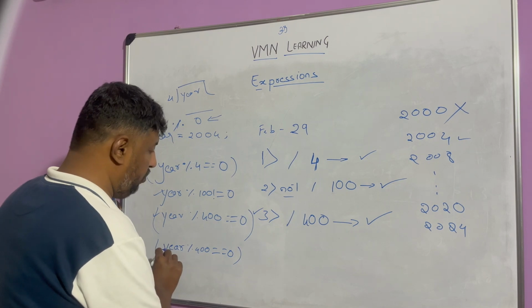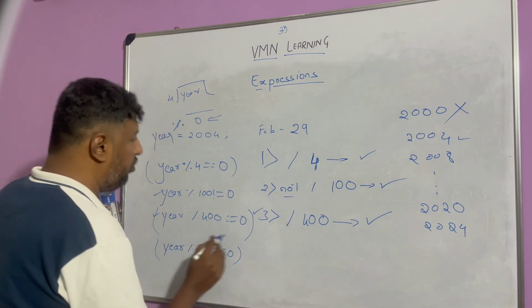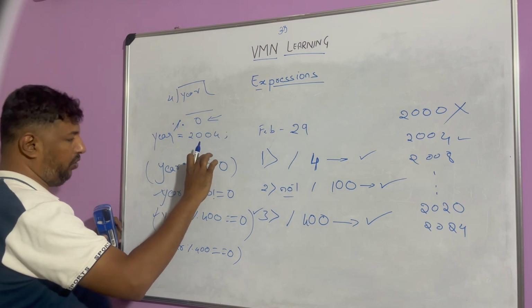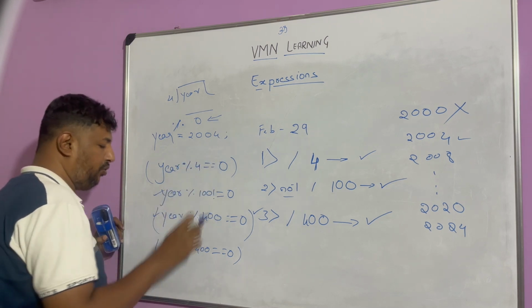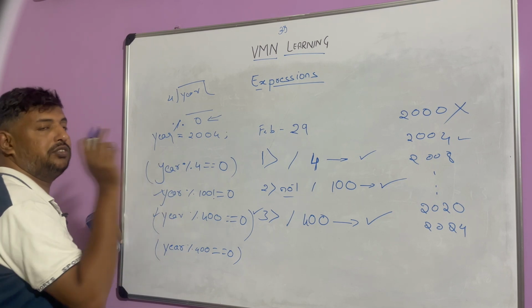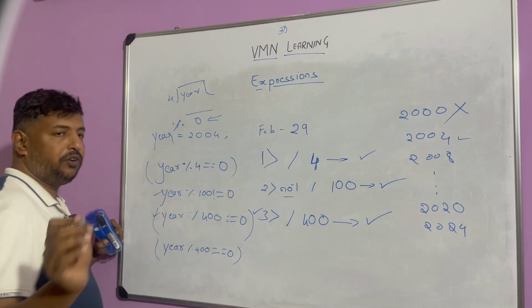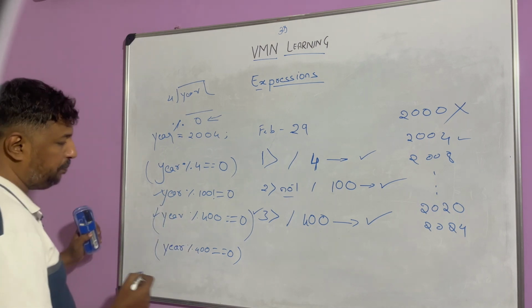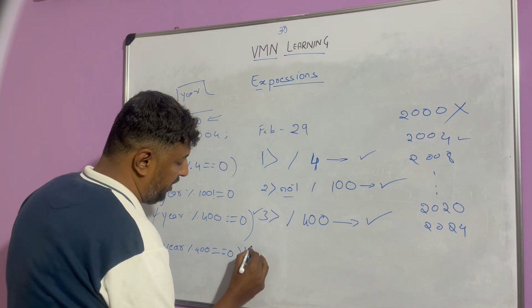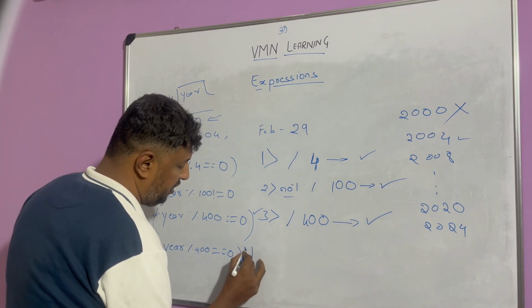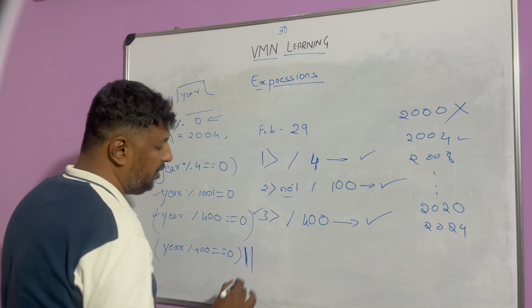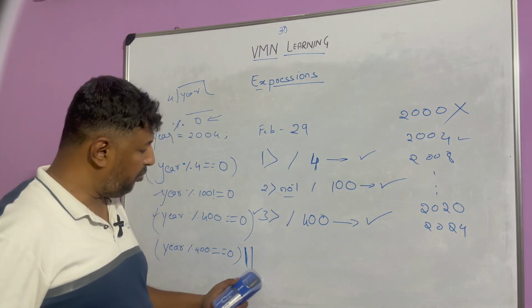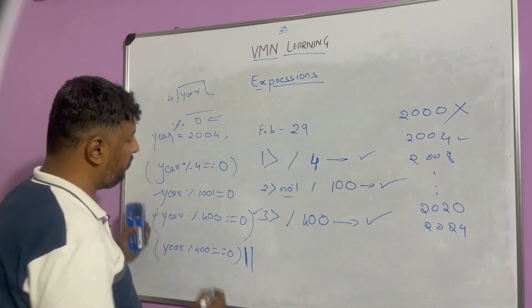Now, if this is true, then there is no need to check whether it is divisible by 4, because 400 is already divisible by 4. So this is a default condition. If it is divisible by 400, by default it's a leap year. Or, as we can say, this is an or. We'll read more about these operations later.